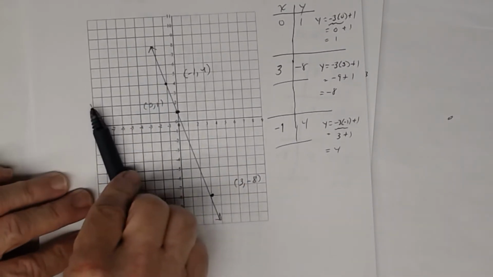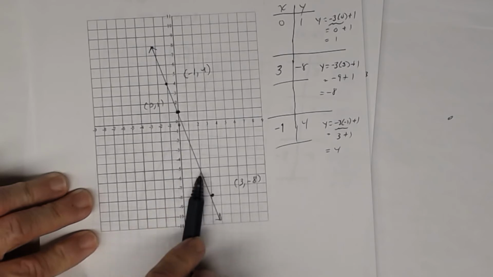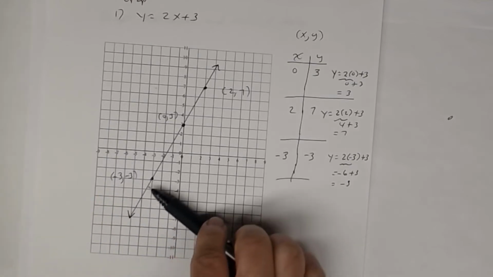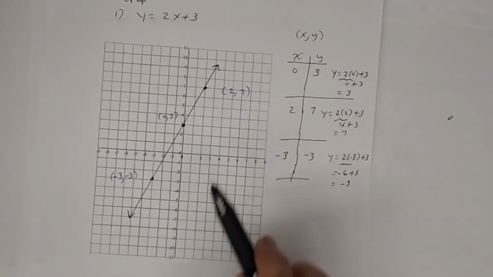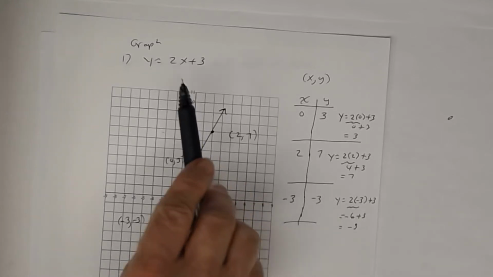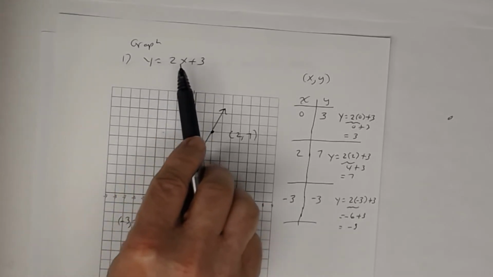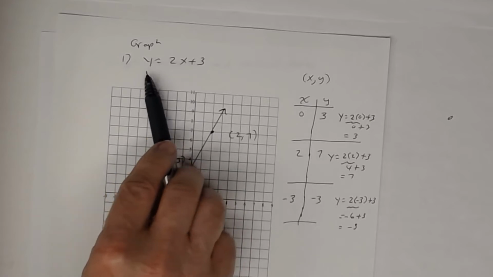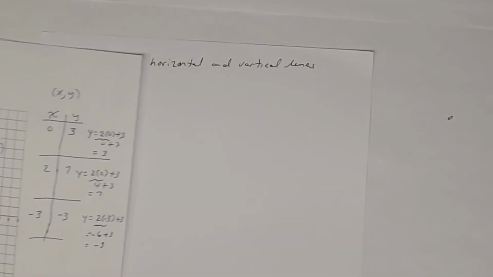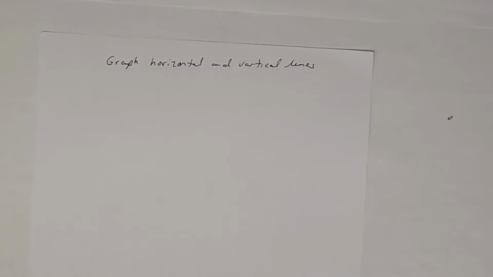So as it goes left to right, the graph falls, and over here I am rising. But notice there are two variables, an x and a y. Now, here's what I want to discuss.